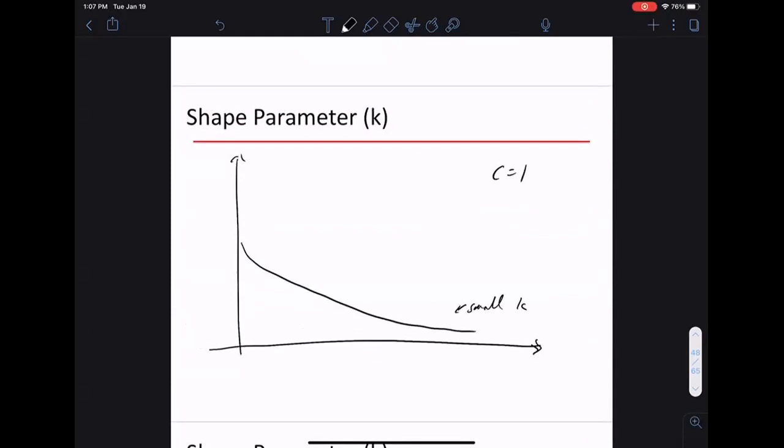The highest point is at 0 and it just decays afterwards. This is for a small k. Whereas for a large k, it has a peak in the middle. So this is the reason it's called a shape parameter. This parameter determines the shape of the distribution.